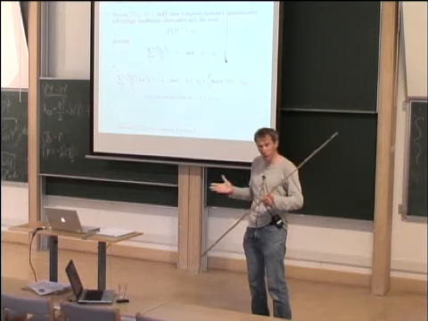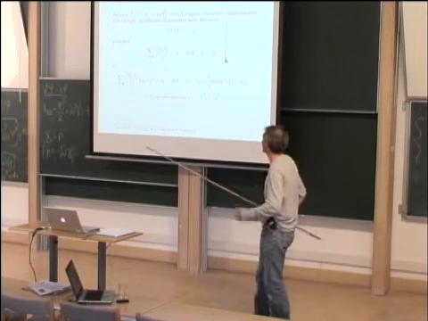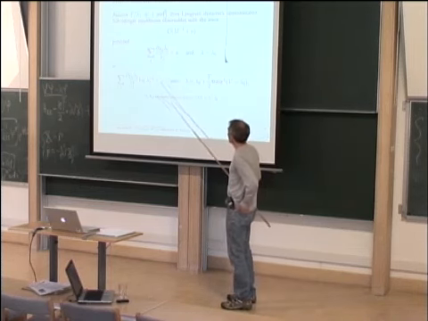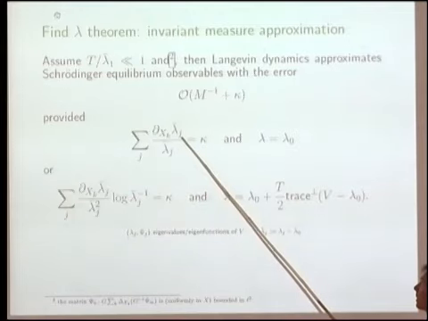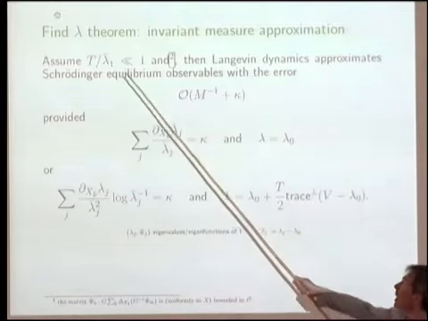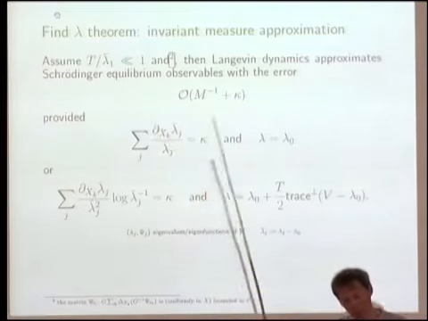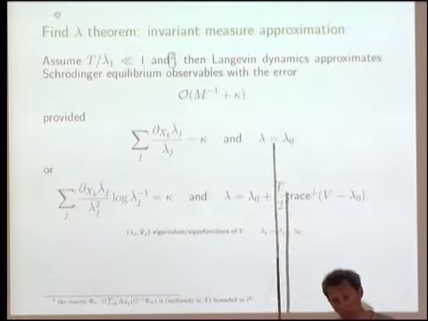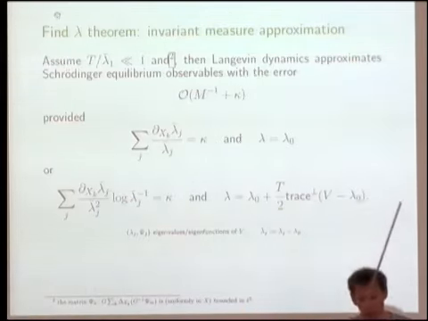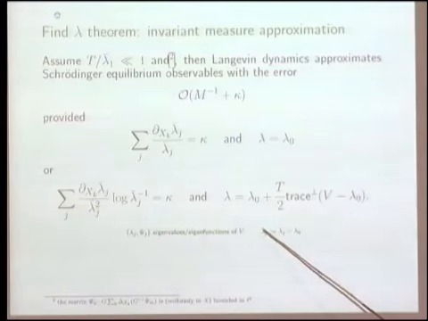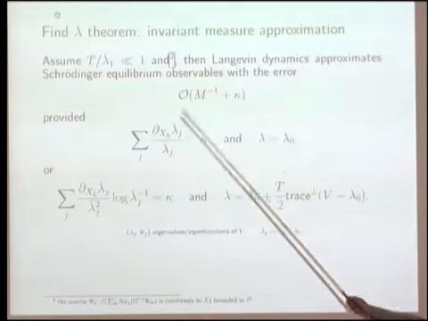Of course they are not in general, but here is an assumption that makes them close. So now you take the temperature T, and then you look at the gap. The first eigenvalue is called lambda 1, and you normalize so that the difference of eigenvalues is called lambda bar, and the first one is the gap, lambda 1 bar.